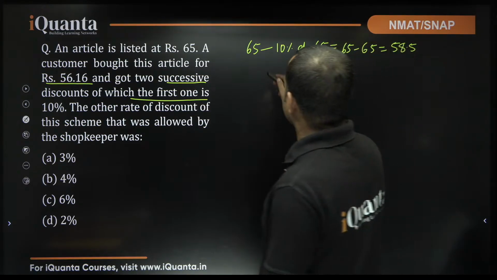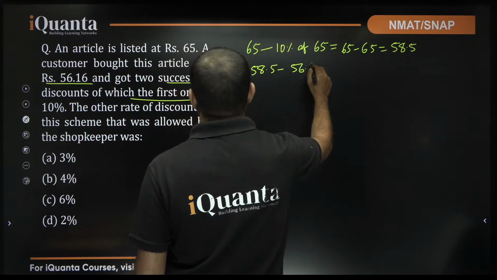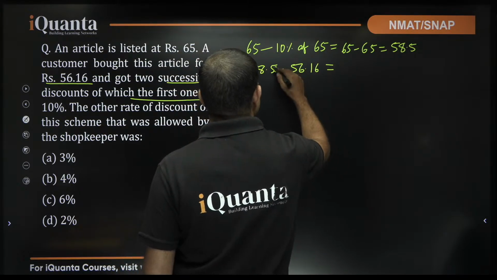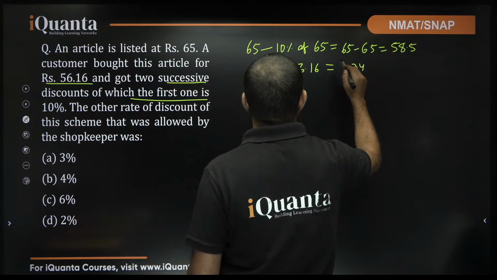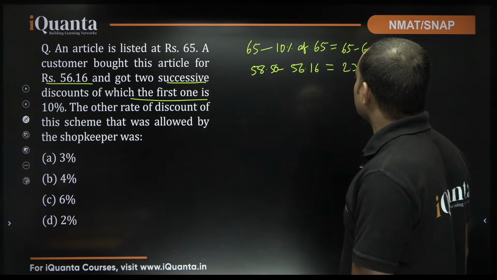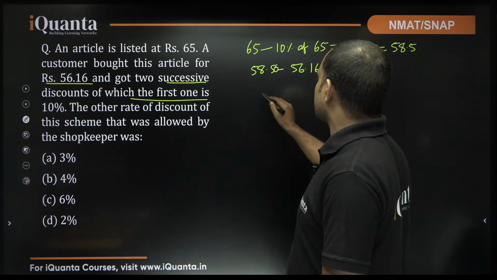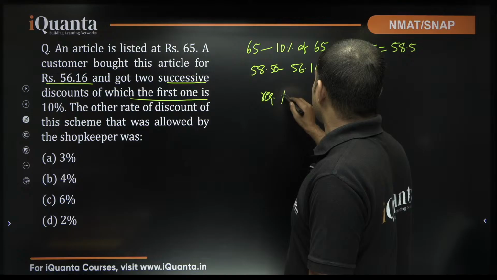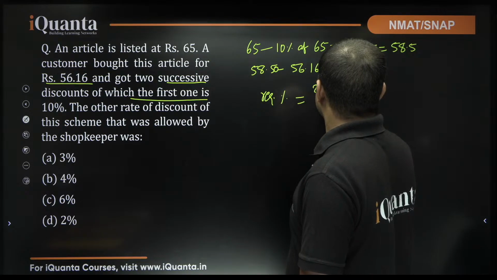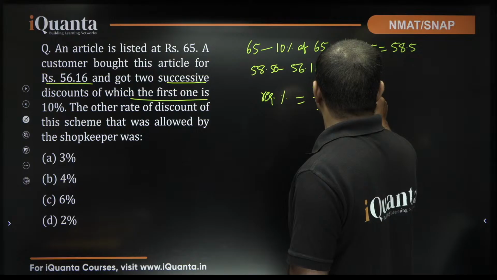Now if you take the difference between these two, 58.5 minus 56.16, this will be equal to 2.34. Now 2.34 is what percent of 58.5, right? This is what we need to find. So required percentage is equal to 2.34 divided by 58.5 into 100.